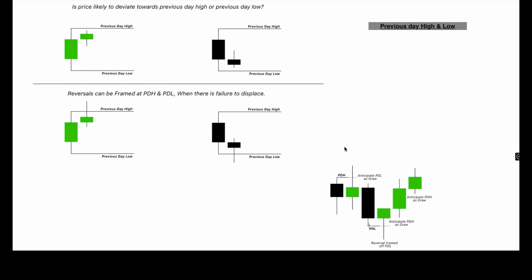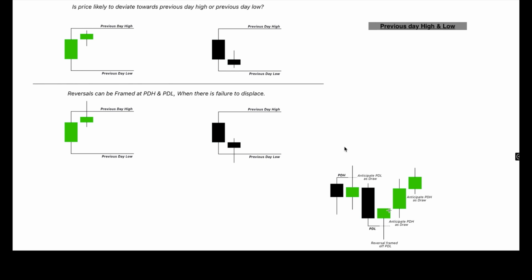Then this candle closed close to its low, so we'd anticipate the next candle to reach for that previous day low, which we did. So we swept the previous candle's low and closed above it, which gives us a reversal. So reversal framed off of previous day low.